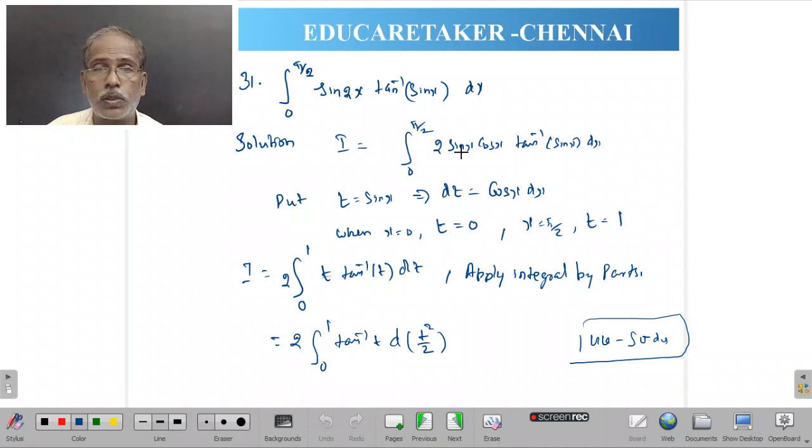Sin 2x is 2 sin x cos x. Then after substitution, the given integral in terms of t dt is the integral from 0 to 1 of t tan inverse of t dt, and 0 is the corresponding lower limit of t and 1 is the corresponding upper limit of t when x equal to pi by 2.